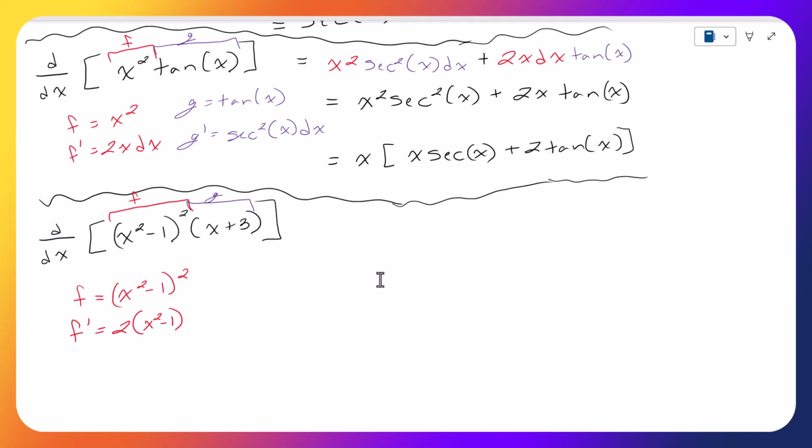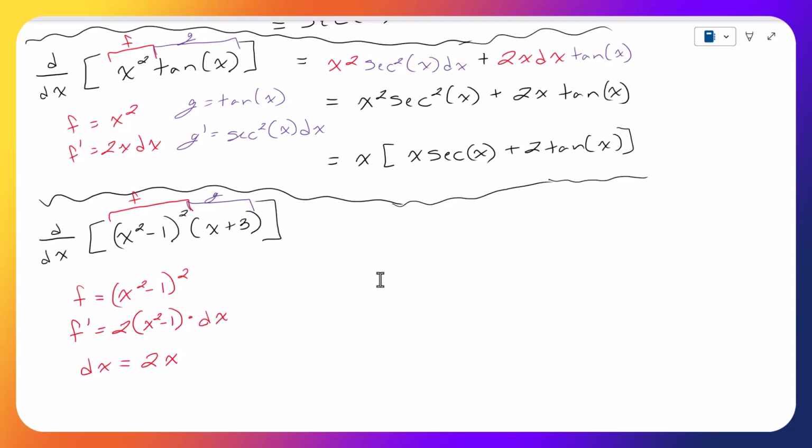But now it's not just, well, it is still dx. But let's look at what our inside is. Because dx is going to be the derivative of our inside, which is 2x. So here dx is changing. We're using the chain rule because the inside is 2x.